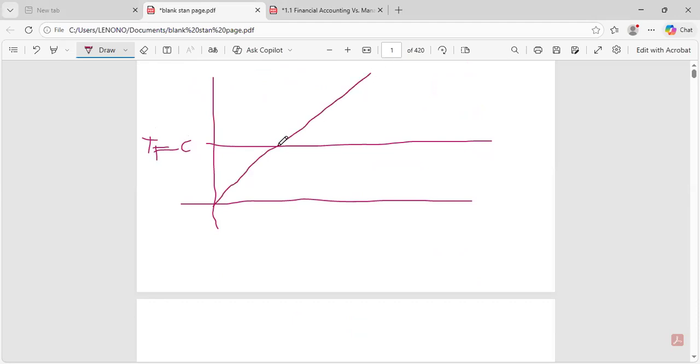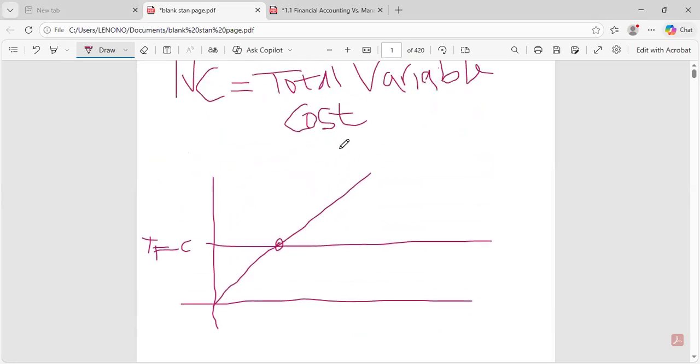Then total variable cost. The variable cost will vary with production.